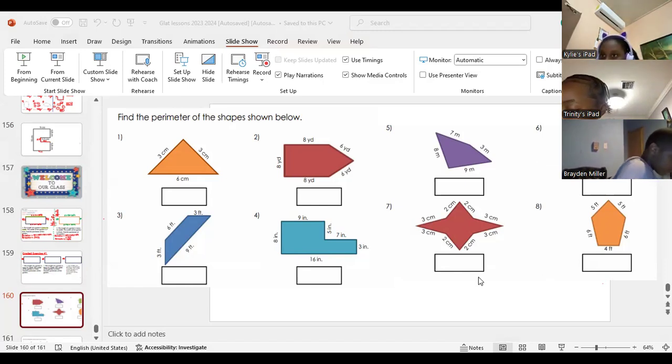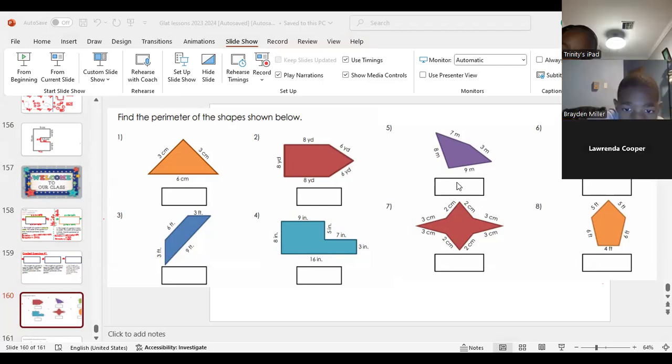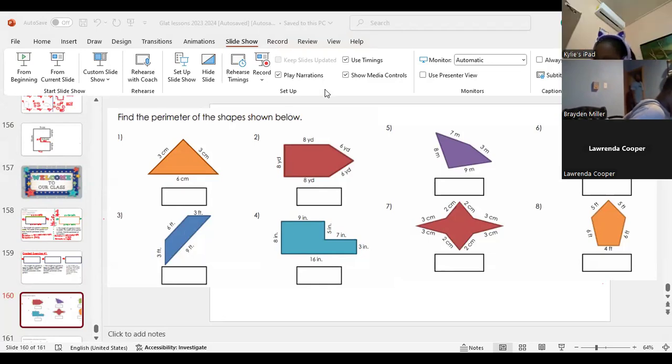All right. Trinity, what number are you on now? I'm done. Okay, you did all the way up to number 8. I just finished drawing the shapes.